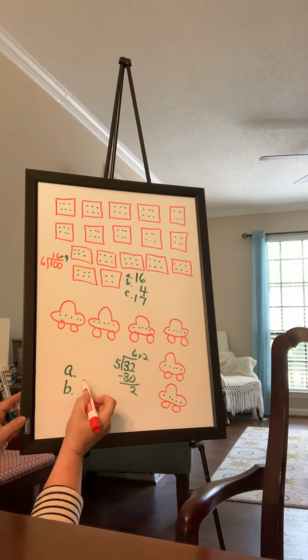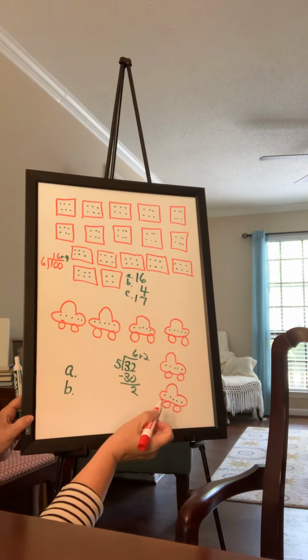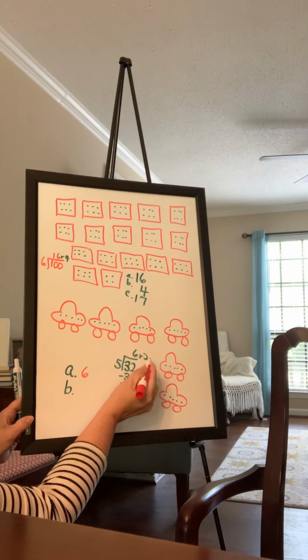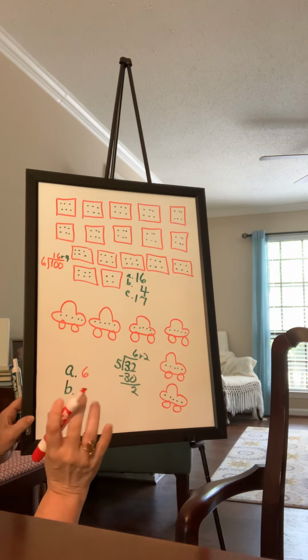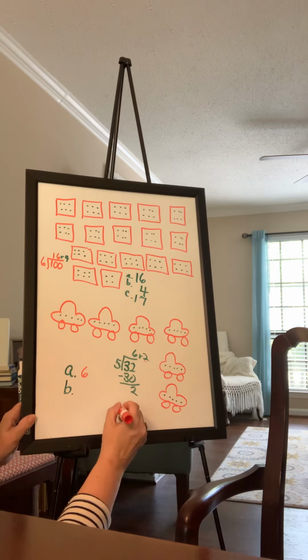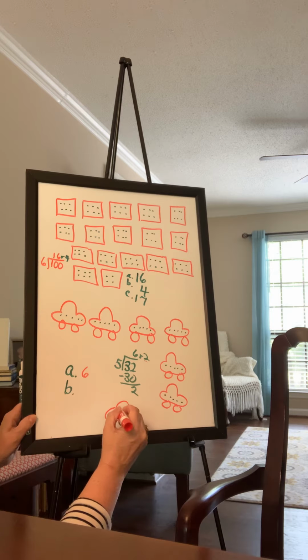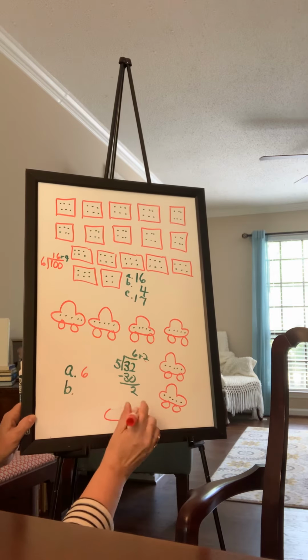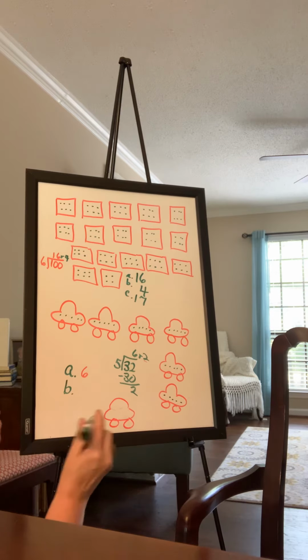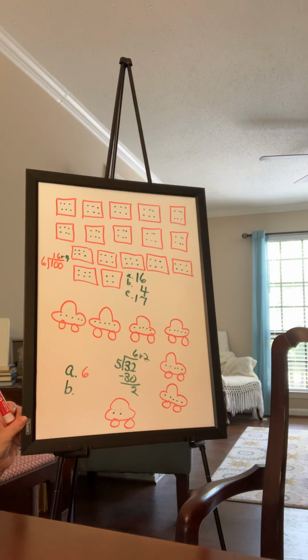So our answer to A, how many cars will be full, is 6. How many students are left over? It didn't ask you that, but how many students are left over would be 2. And then we have to have another car to put those 2 students in. That one looks more like a spaceship. So we have to have another car for these last 2 students so they don't have to walk on the field trip.